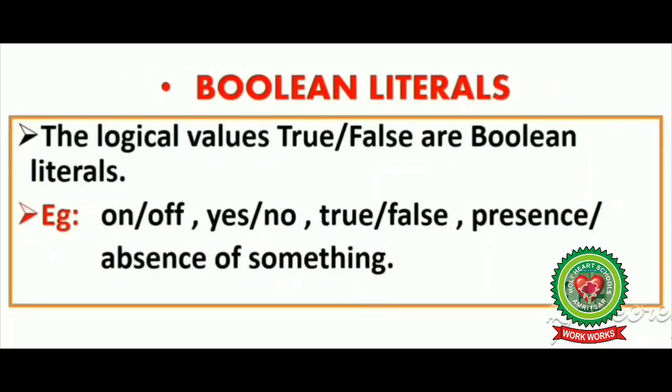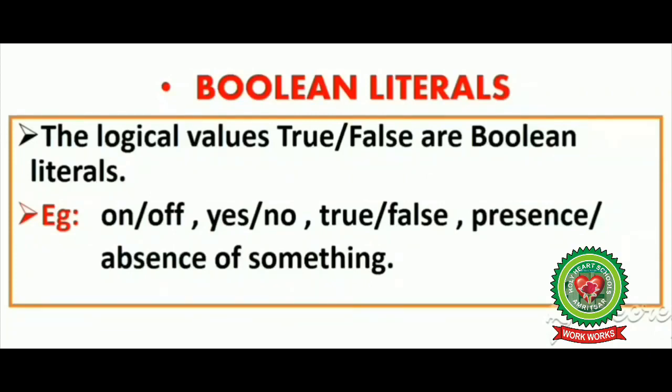So students, now we will discuss the third category of literals, that is Boolean literals. The logical values true or false are Boolean literals. True or false means you want to give the answer as yes or no. Like if I ask whether your age is above 18 or below 18, you will give the answer in the form of yes or no. Those are called Boolean literals.